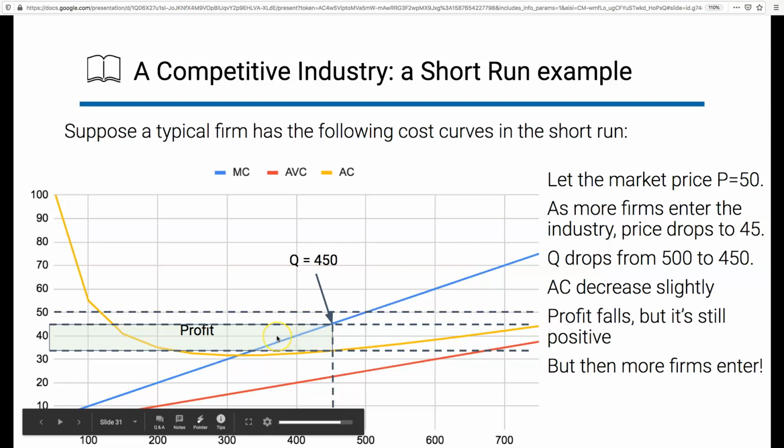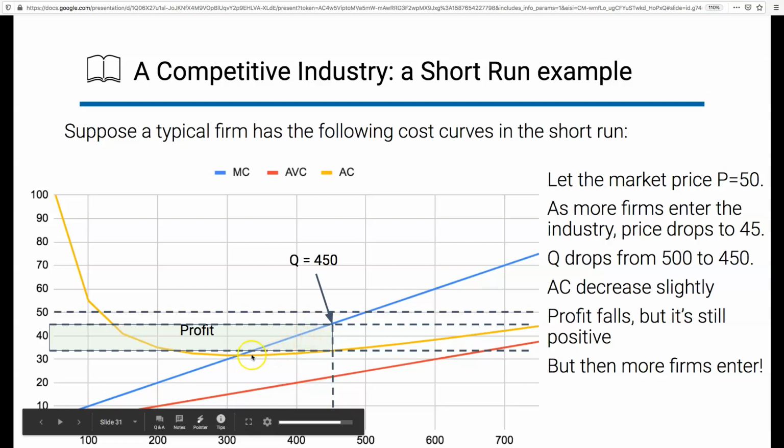As long as the profits are positive, it is an incentive for other firms to enter the market. How long will that last? More firms entering will bring the price down. Lower price will mean lower profits, but as long as profits are positive, more firms will still enter.